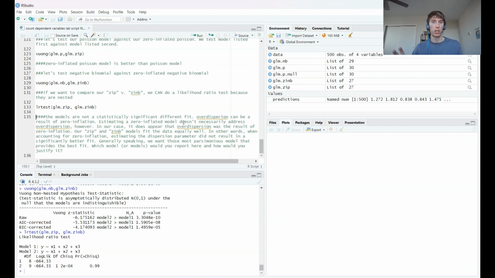They are distinct issues, even though over-dispersion can be the result of too many zeros, that zero inflation. To return to this idea, I think it would probably be the zero-inflated Poisson model that I would go with here.